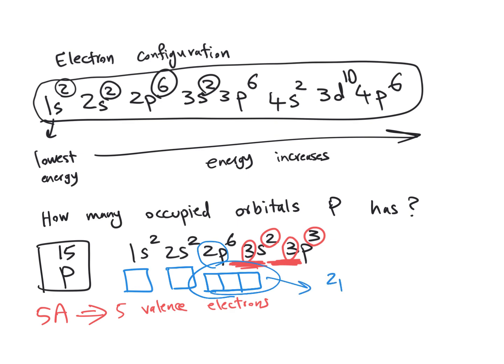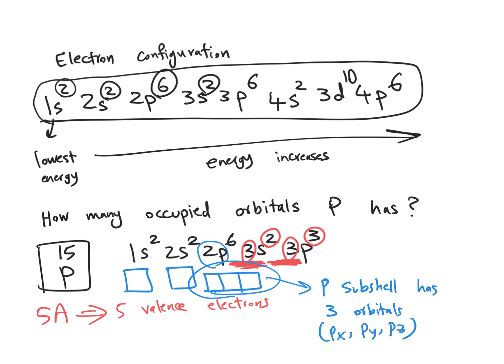The p subshell has 3 orbitals, and that would be px, py, pz.